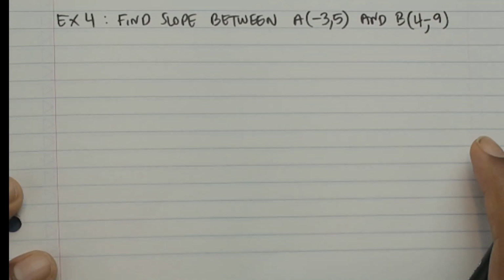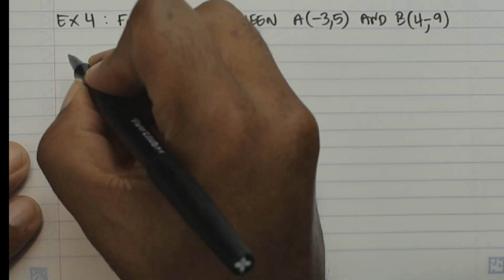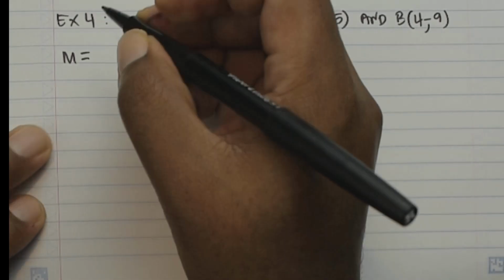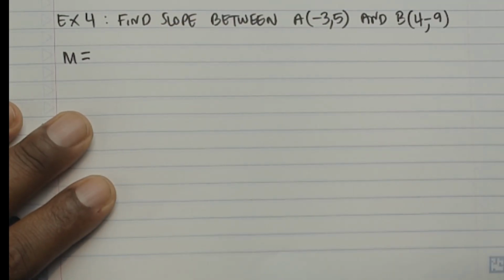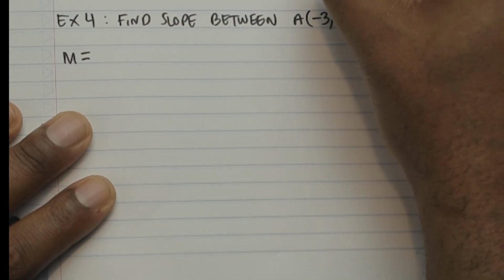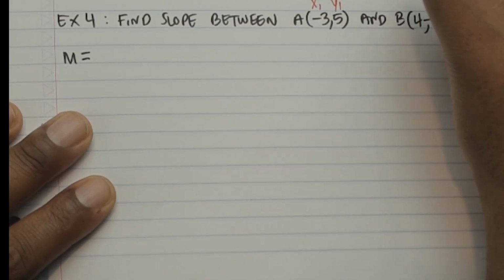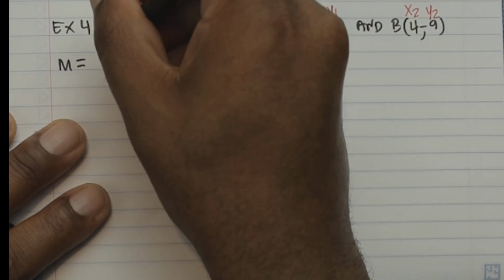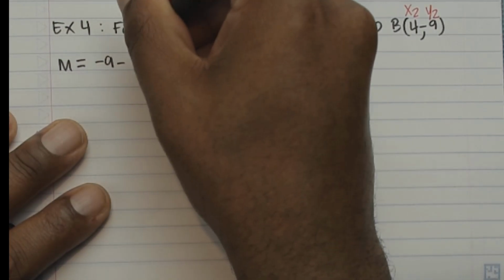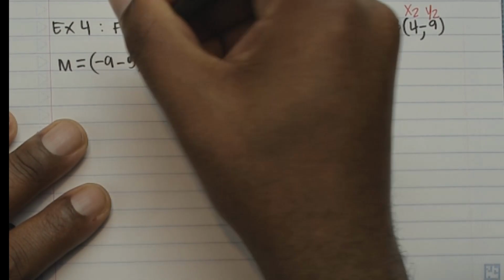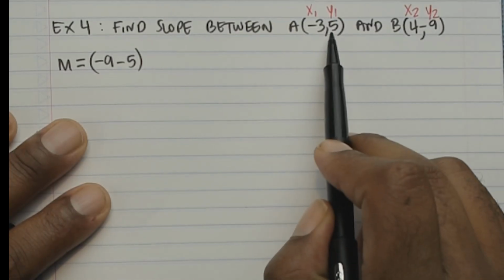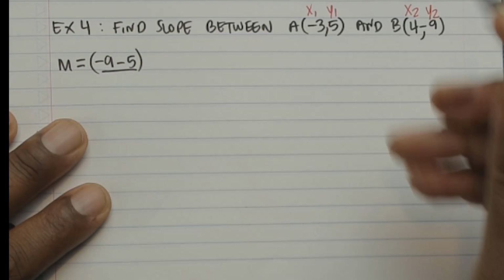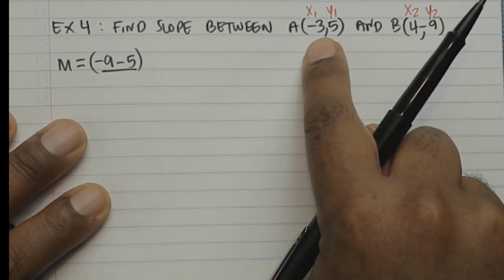Okay, determine the slope. So first of all, m equals, and let's just establish the points, x1, y1, x2, y2. Negative 9 minus 5, divided by 4 minus a negative 3.